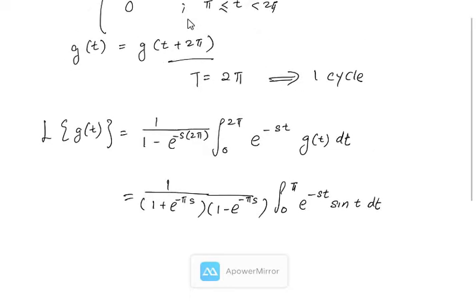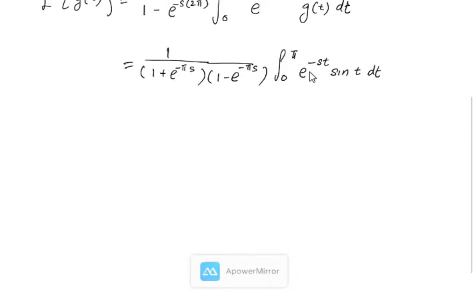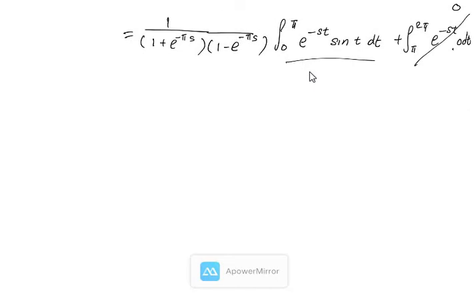This is based on the question: from 0 to pi sin t, and pi to 2 pi you get 0. So plus the integral from pi to 2 pi of e to the power negative st multiplied with 0, so this one you get 0 here. So from here we can use the tabular method, so differentiation and integration.